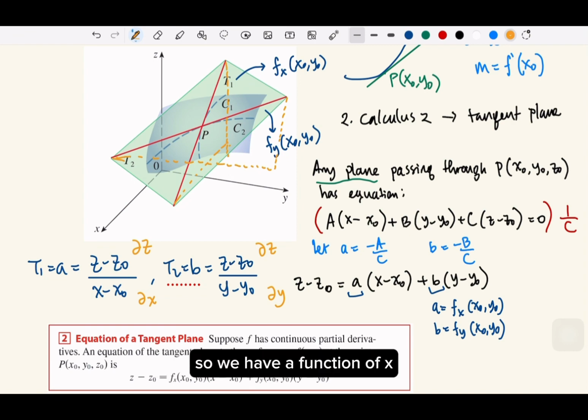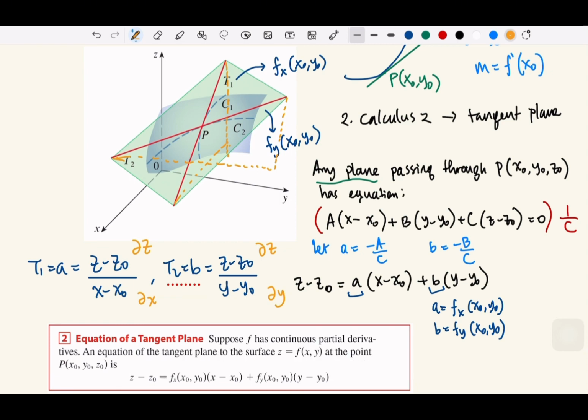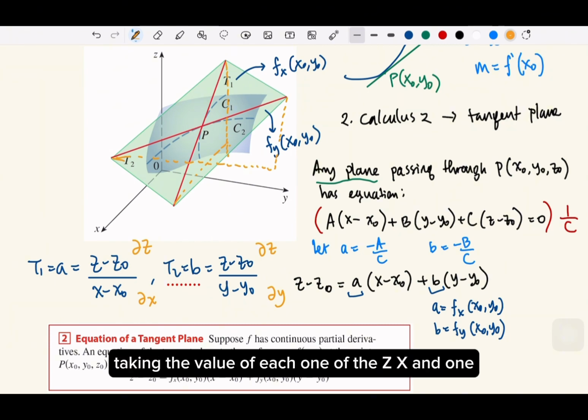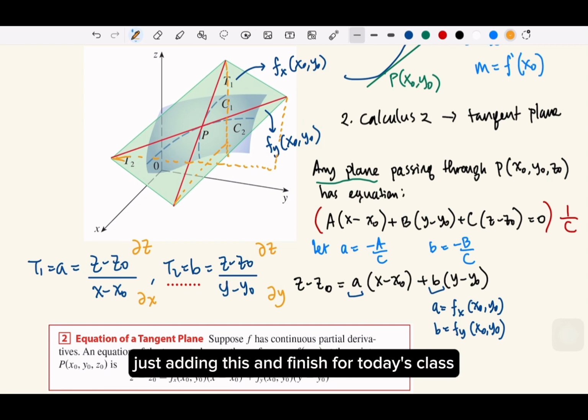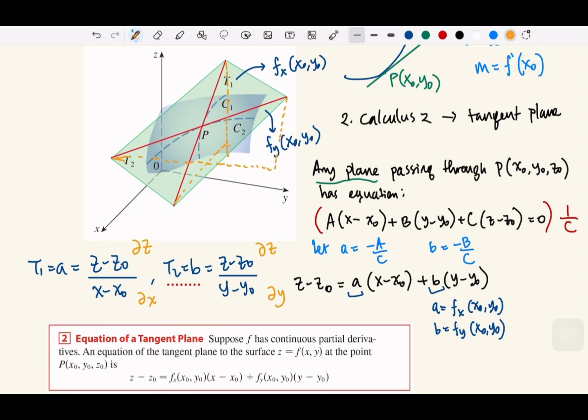We have a function of x, y that is our surface, and from that function we can get partial x and partial y, which we can put into here. And then the rest is just taking the value of each one of the z, x, and y. Okay, I think that's it. Just adding this and finish for today's class.